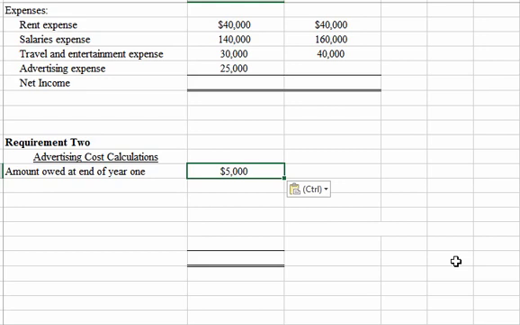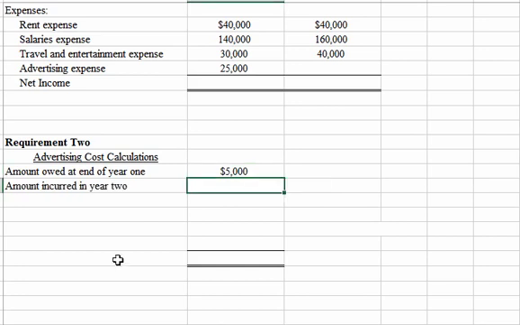That's given in the first sentence just below the chart. It says they owed the advertising agency $5,000 at the end of year one. Okay, now that's going to get paid in year two. All right, then we want to add to that cost incurred in year two.